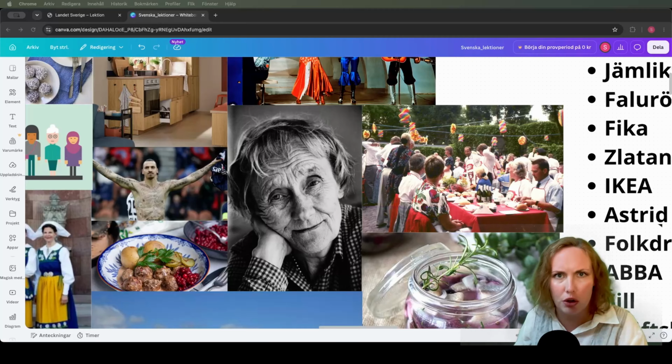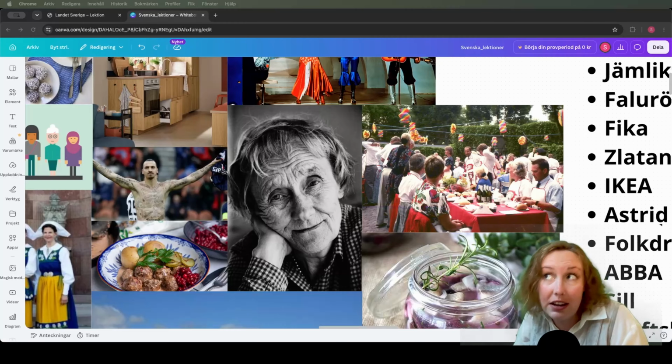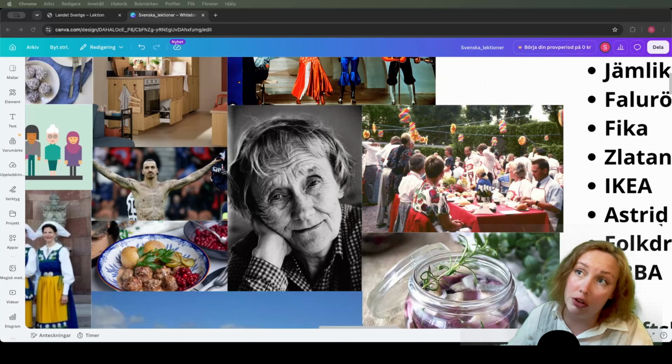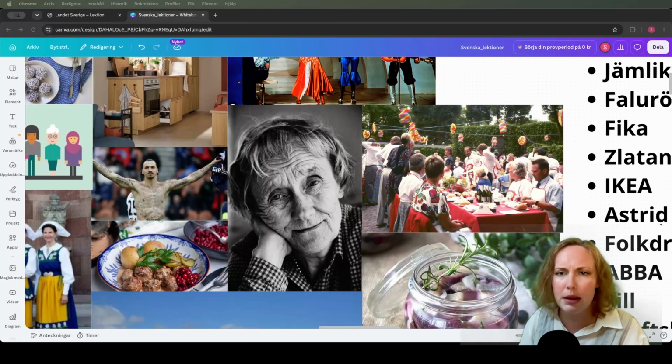Almost all of them are good, in my opinion. Objectively, in my opinion. Emil i Lönneberga. I would say that my personal favorites from the Astrid Lindgren lore are Ronja Rövardotter, Bröderna Lejonhjärta, and Pippi Långstrump.